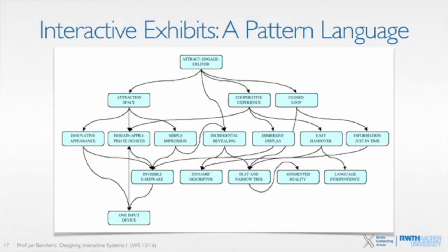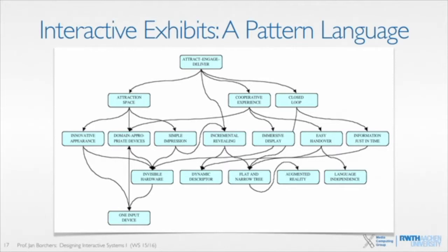And you can see those are patterns that all tell you what to do in the interaction with the user. For example, to attract users into using an exhibit in a museum, engage them for a while, and then deliver a message and let them go. To design something for a cooperative experience so that not only one person can use an exhibit, but several people can.